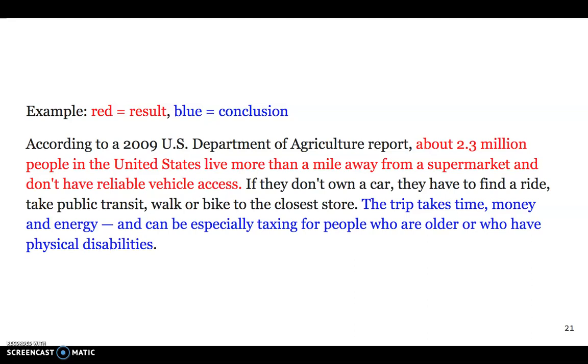We see in the example in red, we have our results. We have the 2.3 million. You can find it right away with the number. But what does that 2.3 million mean? Is that a lot? And why should I care if it's a lot? That's how we get the trip takes time, money, and energy. It can be especially taxing for people who are older or have physical disabilities. It is in this blue section that we take that number and determine its consequence or impact.